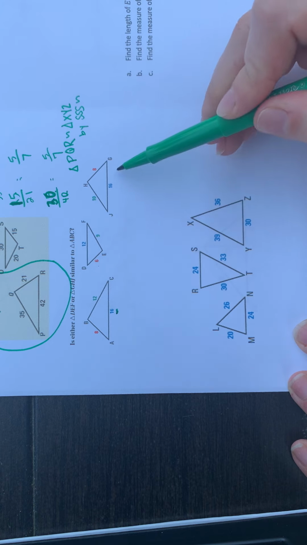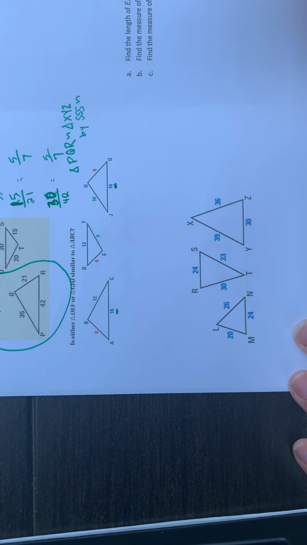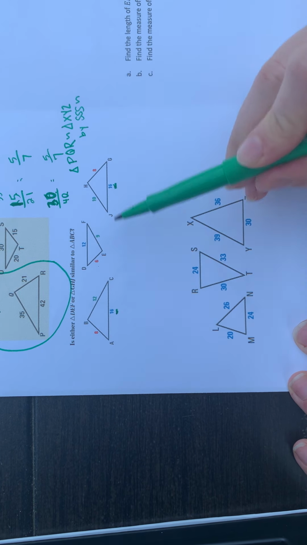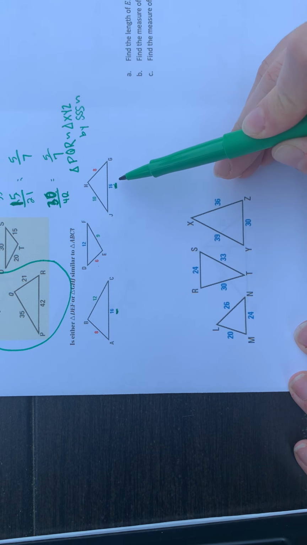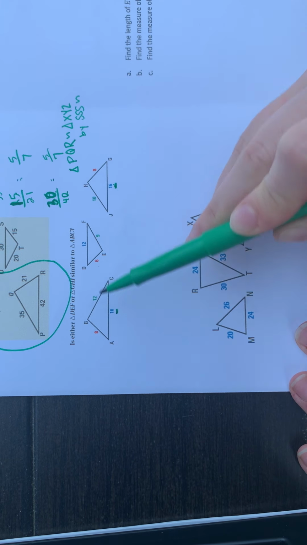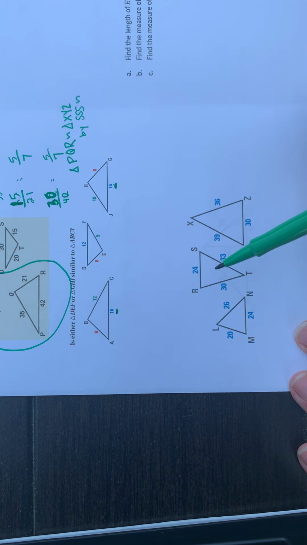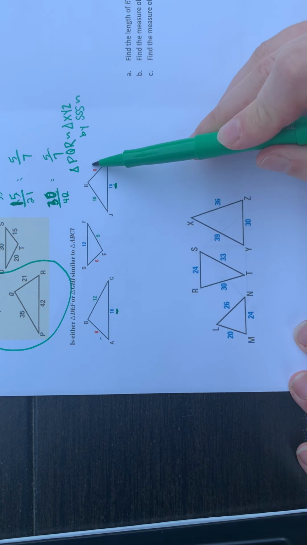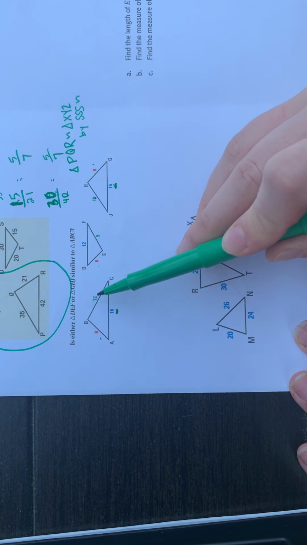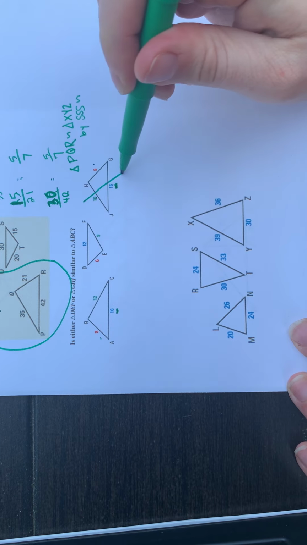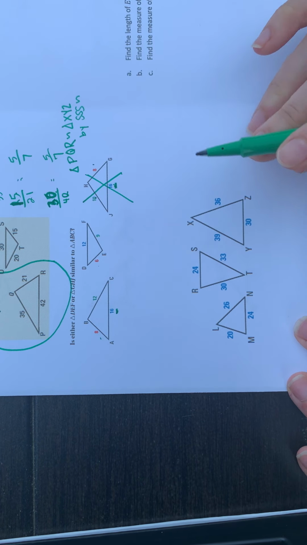I noticed it right off the bat. The long leg of both of those triangles are the same. They're both 16, but the other sides are not the same. From one to another, we have 8 and 8, but then we have 10 and 12. So that immediately rules that one out for me.